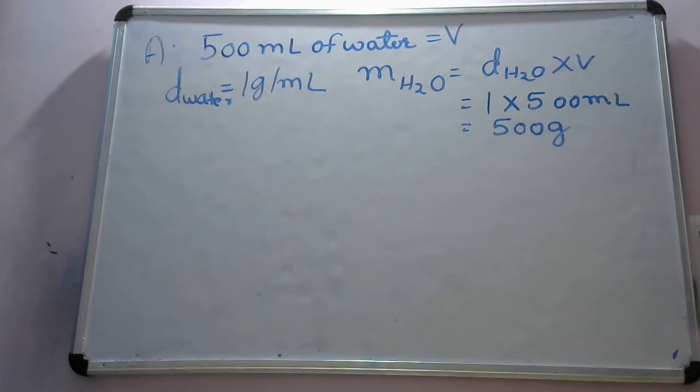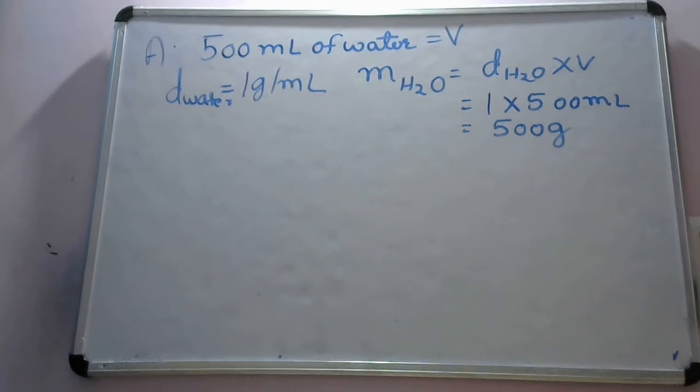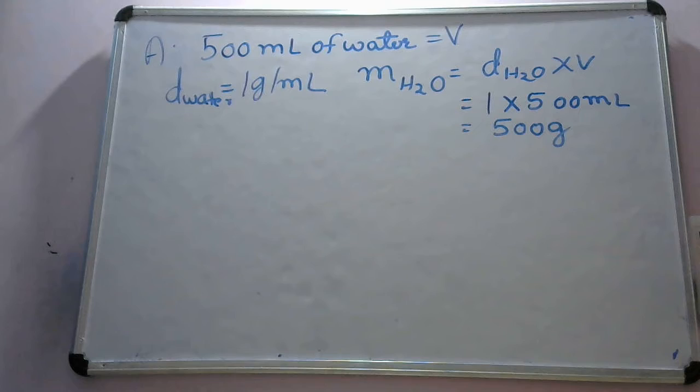Density is mass by volume, so mass will be density into volume. Density we have to assume to be 1 gram per milliliter, density of water. So in that way we calculated.